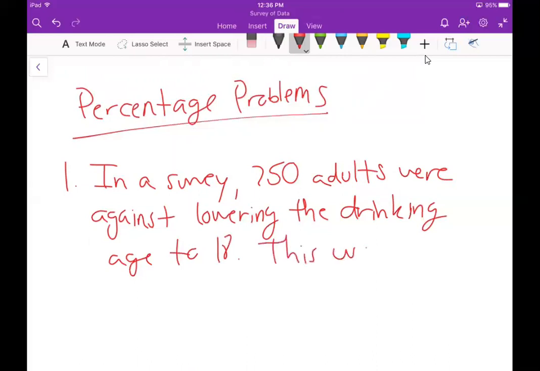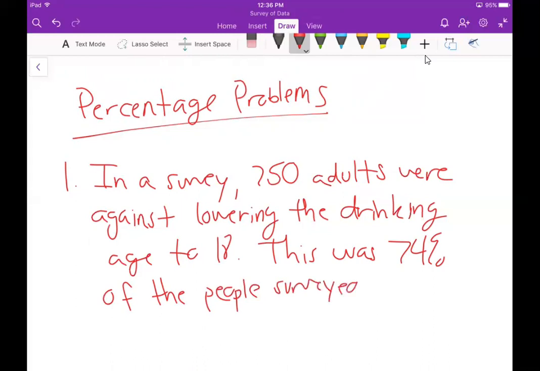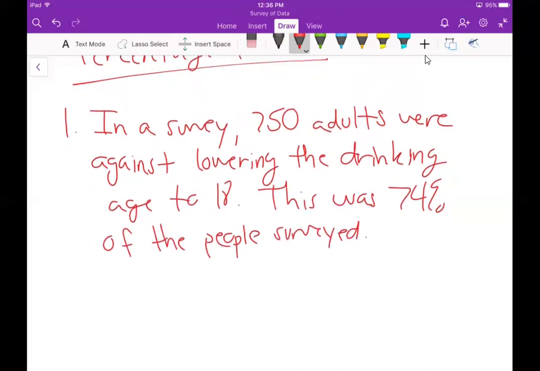This was 74% of the people surveyed. Okay, so we know how many people said it and that was 74% of the total. What we're missing is how many total people were surveyed.